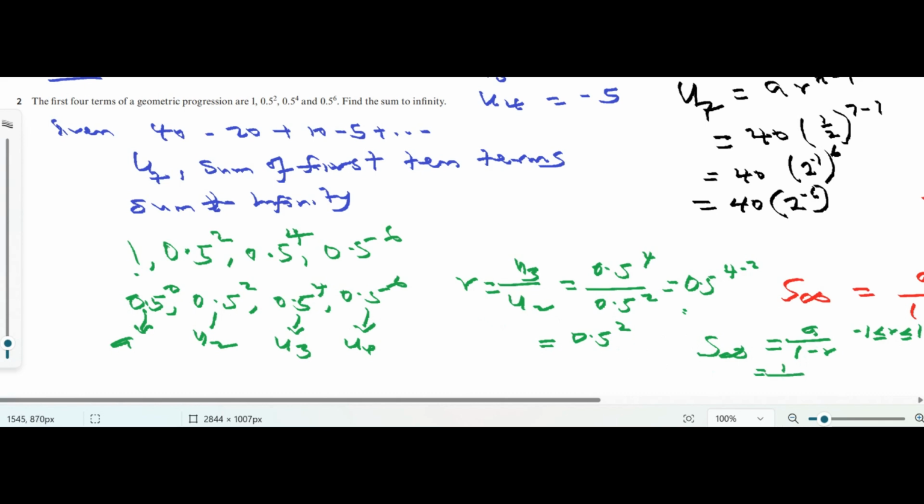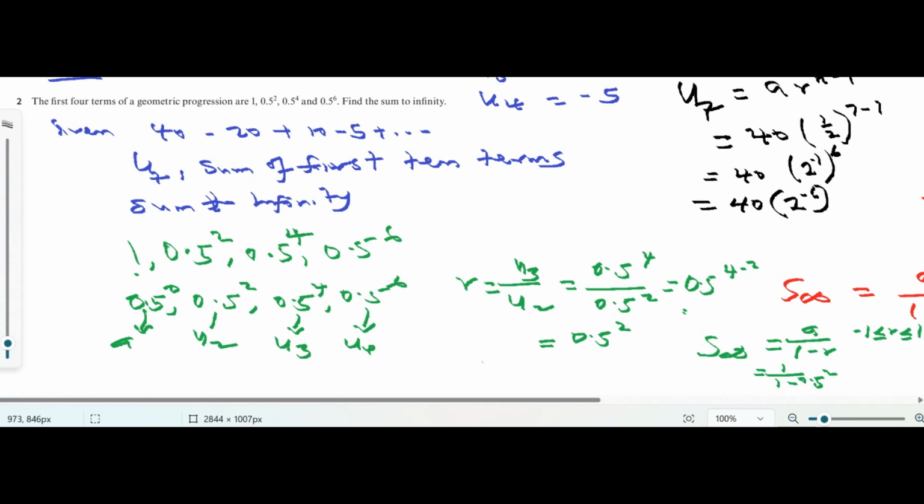I can also use 0.5 raised to power 0. 1 minus 0.5 squared. So I can type that one straight up on my calculator. 1 minus 0.5 squared gives me 0.75.